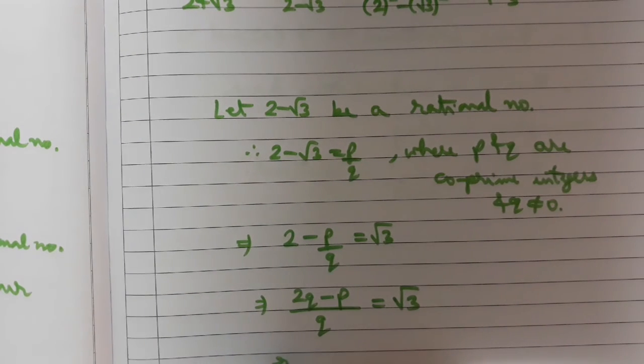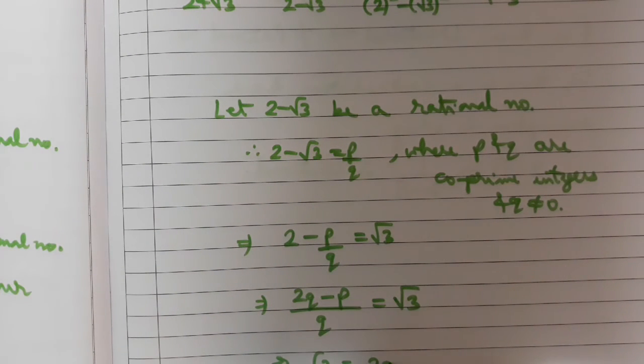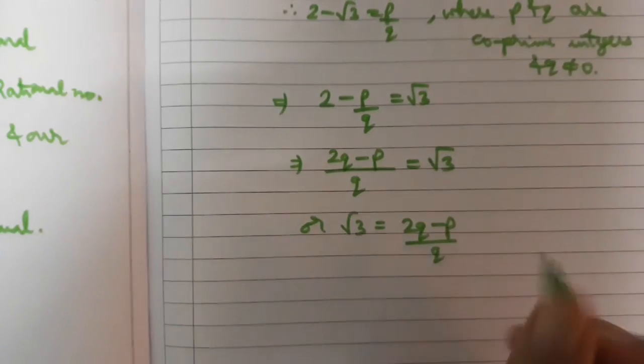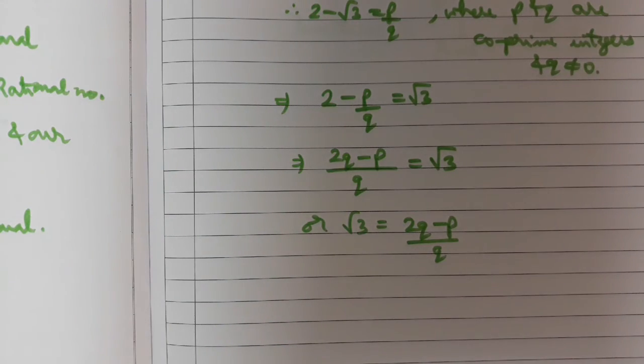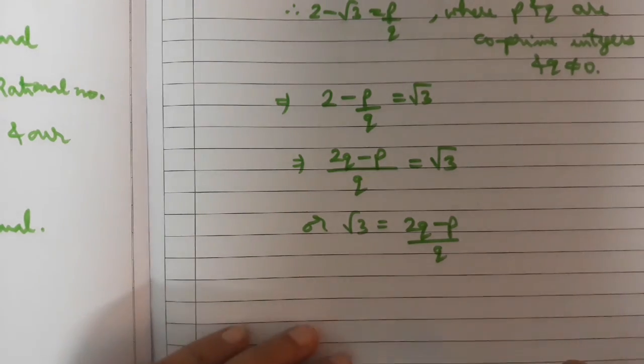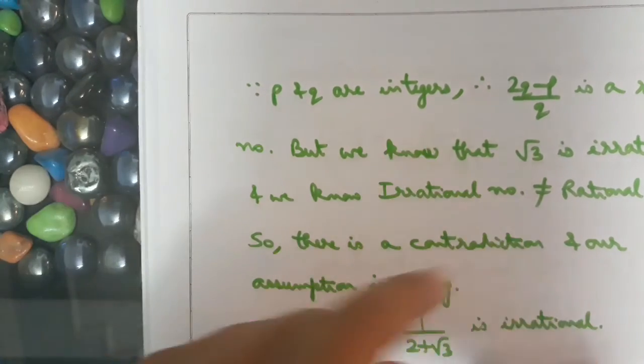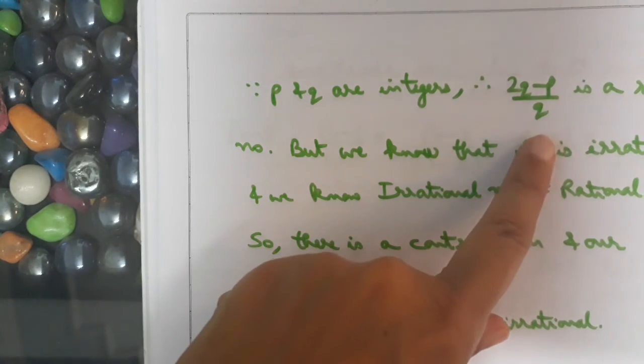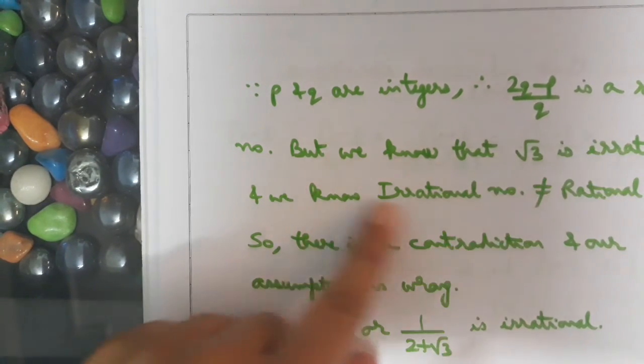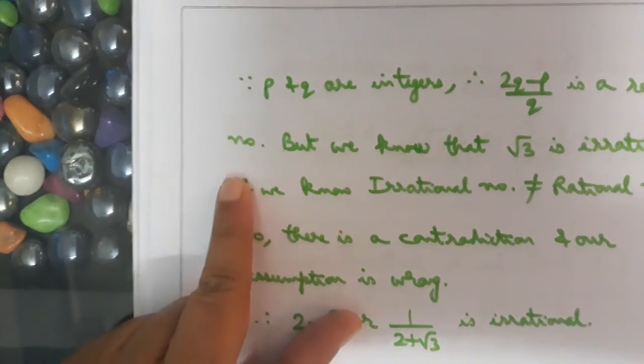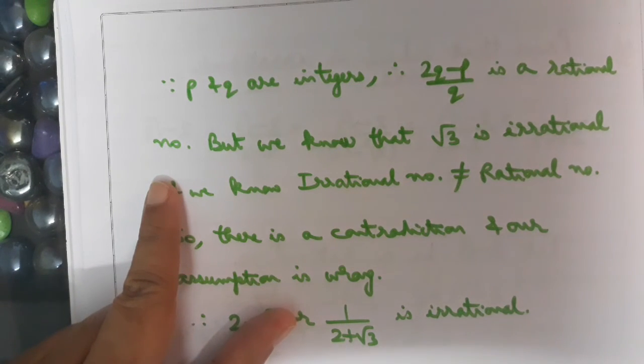Or we can write root 3 is equal to 2q minus p upon q. Over here we can see that since p and q are integers, so definitely 2q minus p upon q is a rational number. Because integer upon integer, we know it is a rational number.